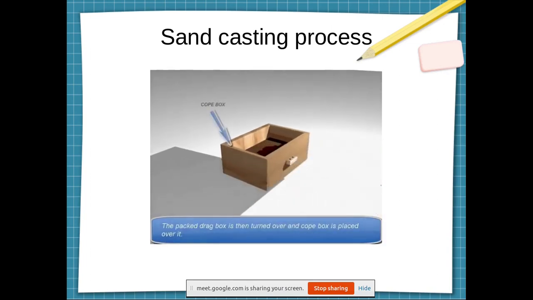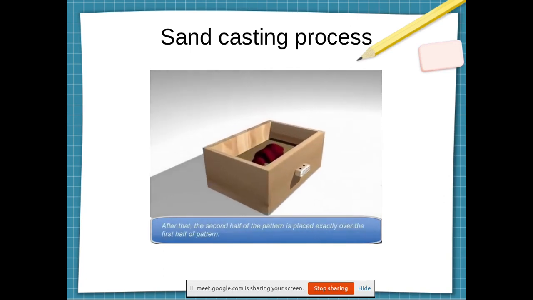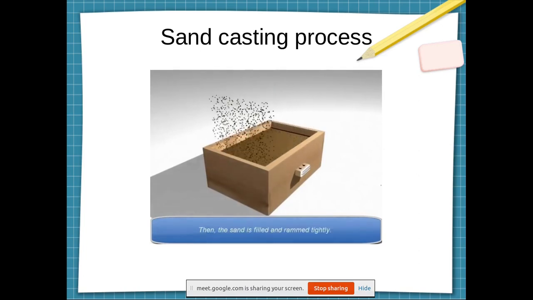The packed drag box is then turned over and cope box is placed over it. After that, second half of the pattern is placed exactly over the first half of pattern. Then the sand is filled and rammed tightly.